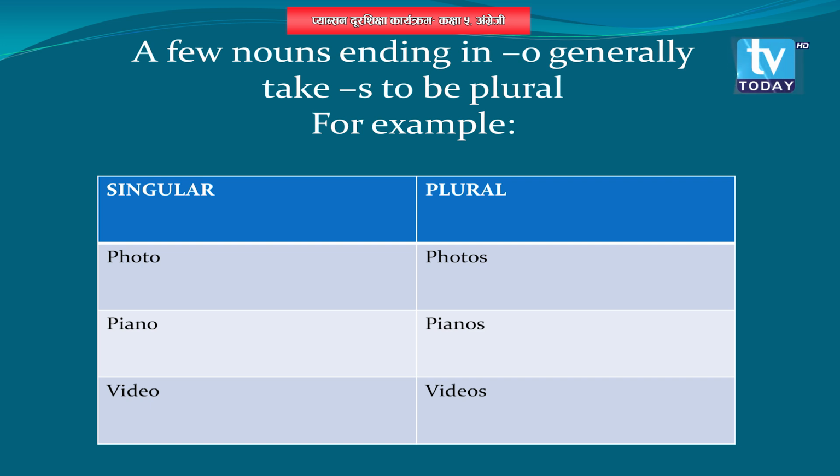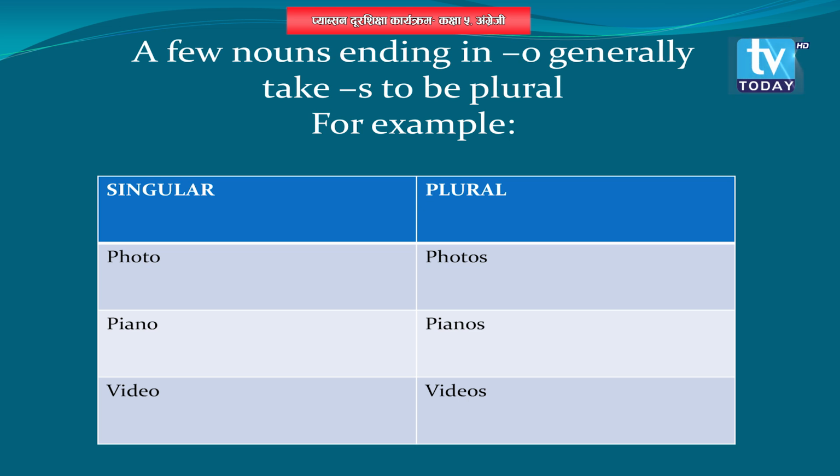There are lots of examples you can get. Some are given to you in the slide, or some more examples are video, videos, dynamo, dynamos. Dynamo is singular in number, but if we add S to it, that's plural in number.